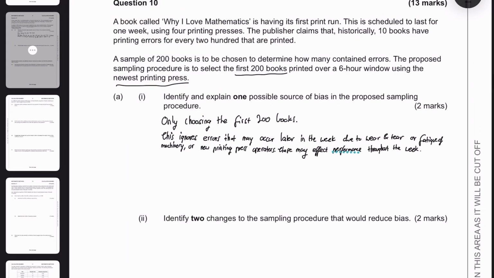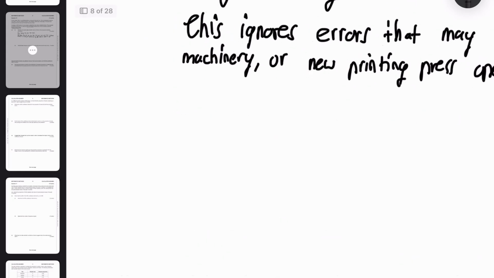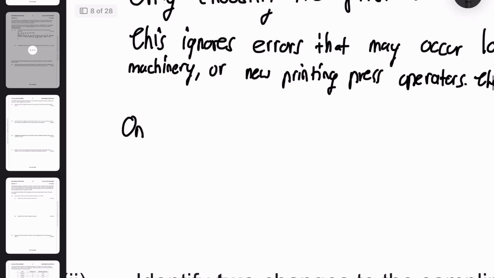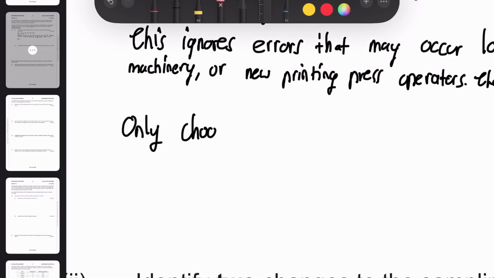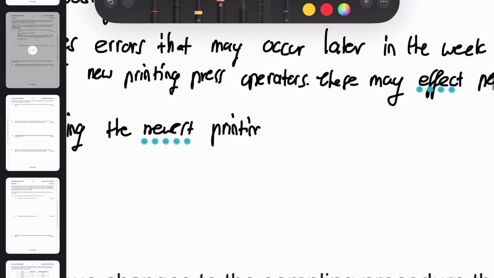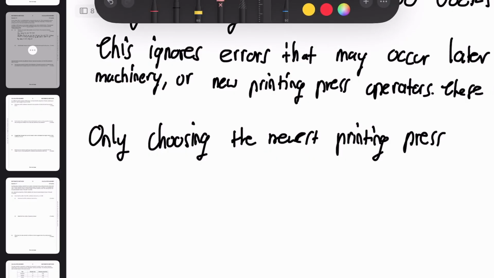Okay, the other one is you're only choosing the newest printing press, or since it only says to identify one, but I'll go through the next one. So if you only are choosing the newest printing press, the newest printing press likely has fewer defects, is more, what's the word?